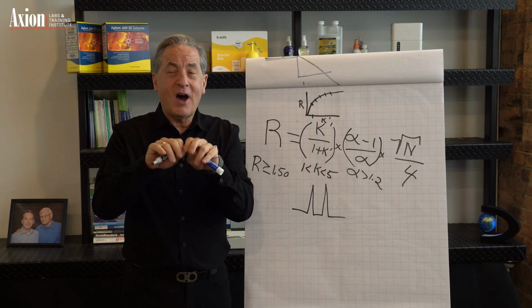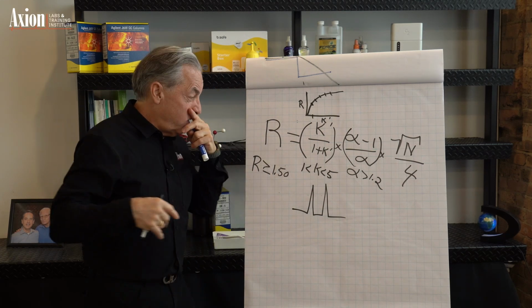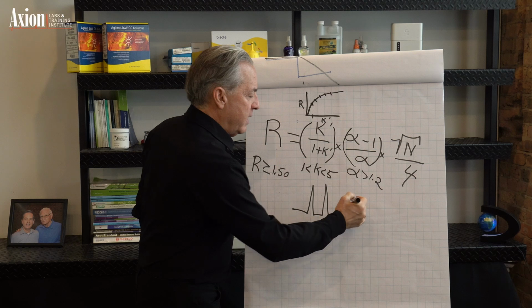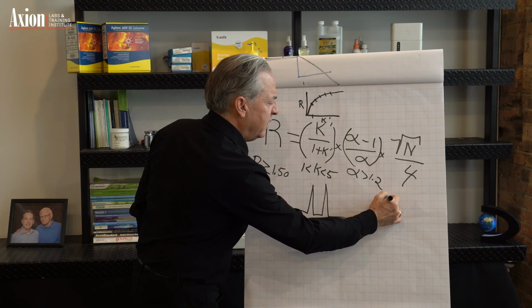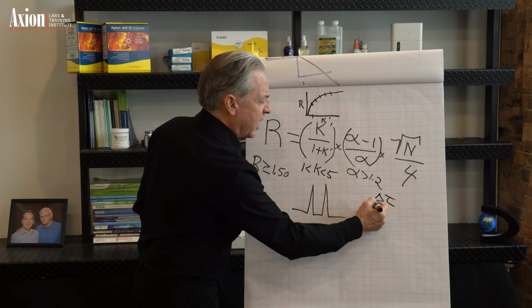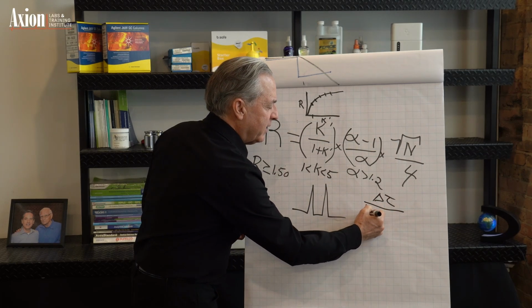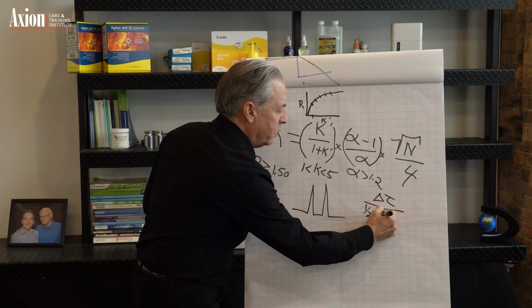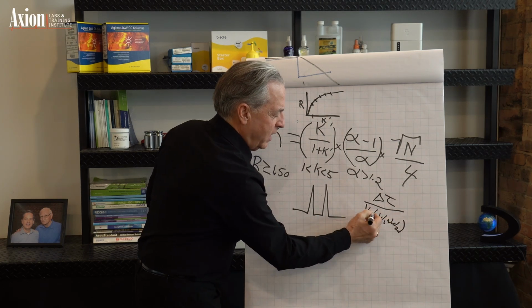So what you want to know is how far apart the tops of the peaks are versus their average width at base. So we have this equation that says delta T, the difference in retention time, divided by the average width at base. Here's how I like to do it: the width of peak 1 plus the width of peak 2, and then half of that.